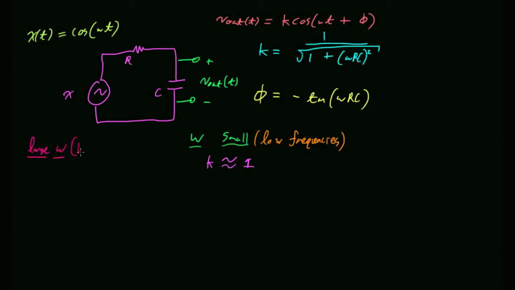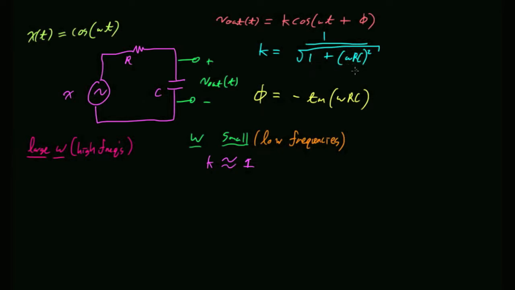So what happens to my k when omega is really big? What term is going to dominate in the denominator when omega is really big? The omega RC squared term, right? So let's say omega is a bazillion. A bazillion squared plus 1. Forget the 1, it's insignificant.